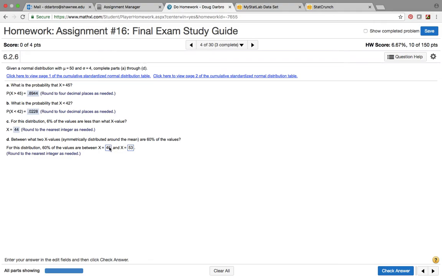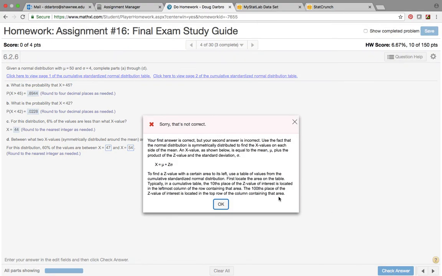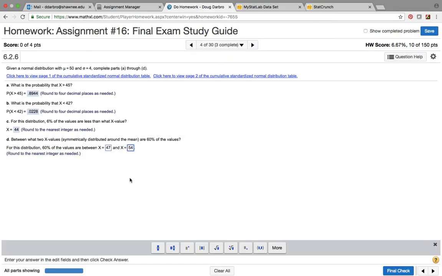Huh, I'm confused. I don't know why we missed that. So maybe 47, round to the nearest integer. 54. Oh yeah, I'm completely and totally confused.